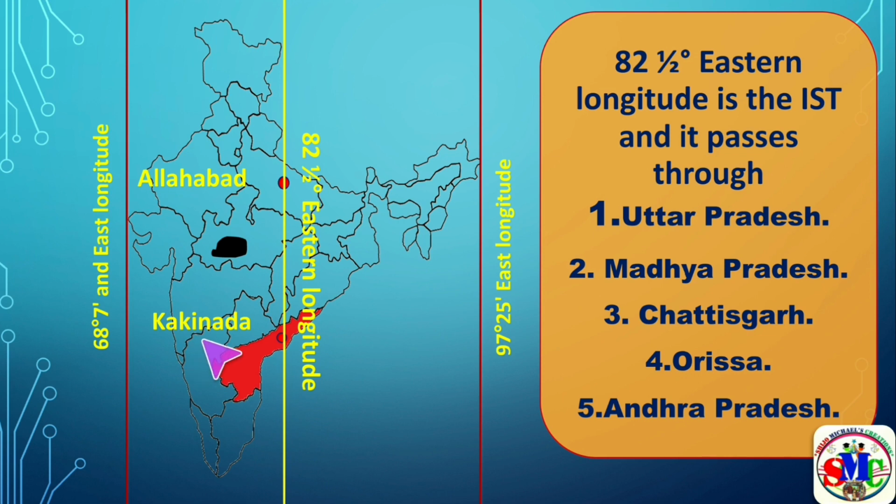Then you have to point Kakinada. One of the important questions that may come from this area is which states of India IST passes through. Look at the map and you can see that it passes through 5 states. They are Uttar Pradesh, Madhya Pradesh, Chhattisgarh, Orissa and Andhra Pradesh.